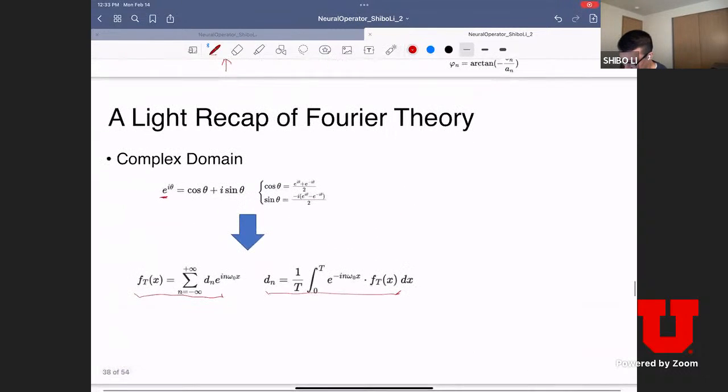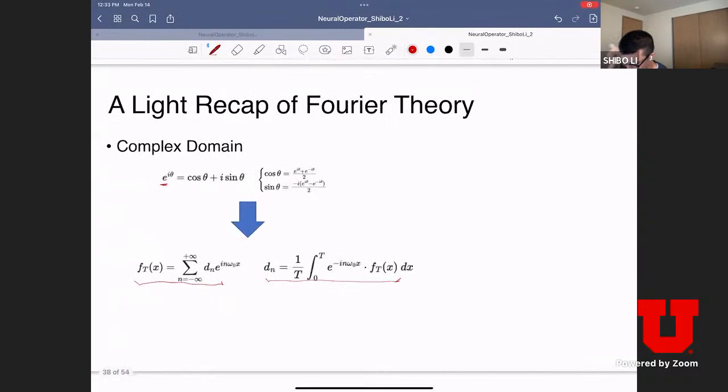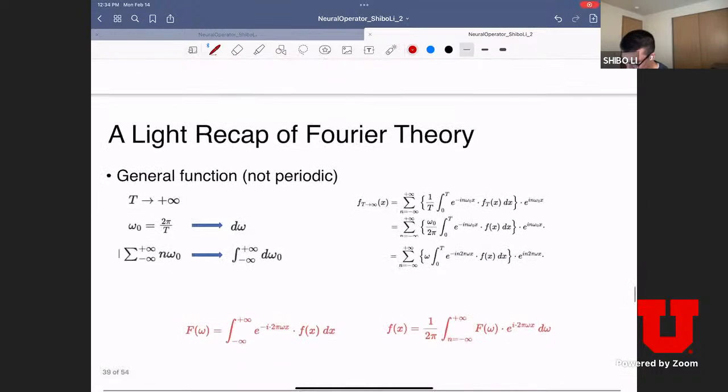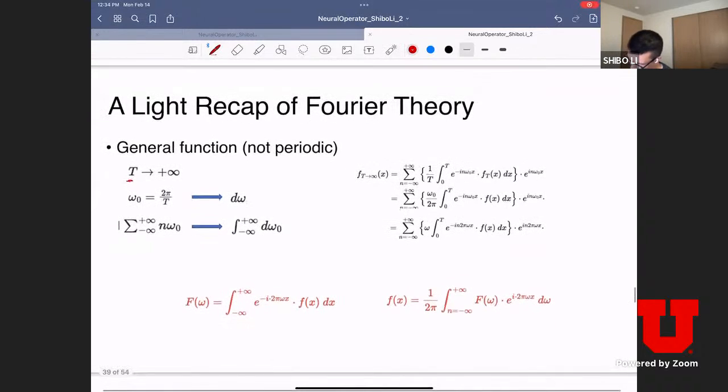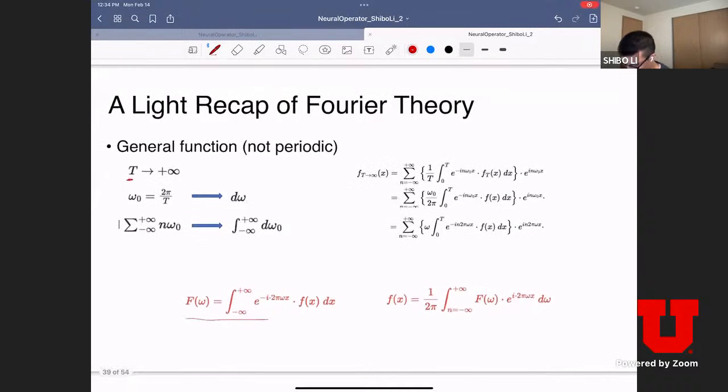Now, we have talked about the Fourier series, but only a periodic function can be written as a Fourier series. If you have a non-periodic, general function, what do you do? You just force the period to infinity, and you will have the Fourier transform in this form.